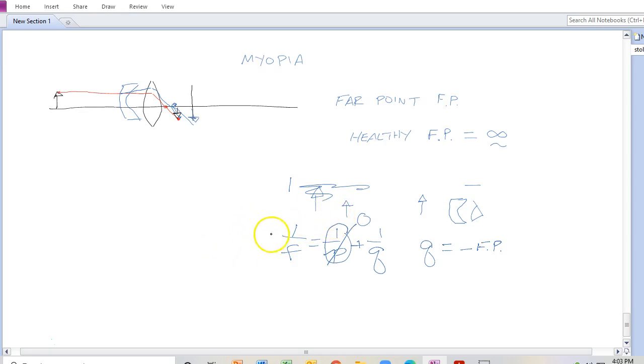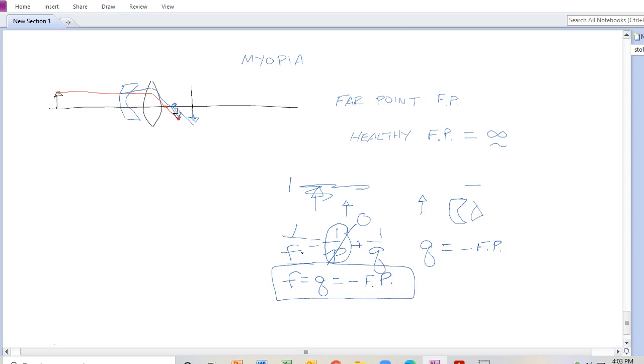Right? So if that's the case, the thin lens equation can be used, and we can say f has to equal q, since 1 over p is essentially 0, so we should have a focal length that is negative your far point. So long story made short, if you want to do a quick correction for a myopic eye, determine what your far point is for your eye, and you can have different far points for left eye and right eye.